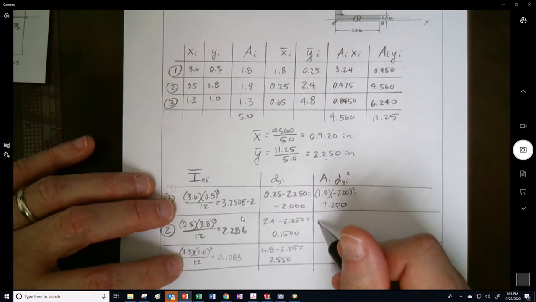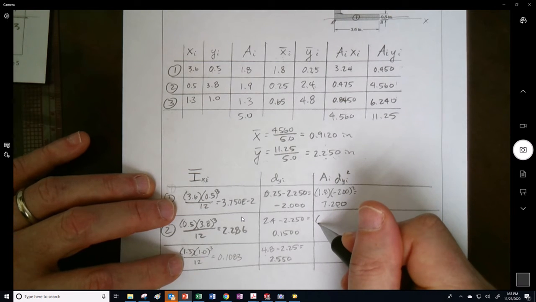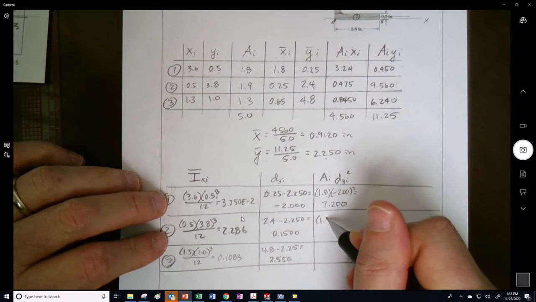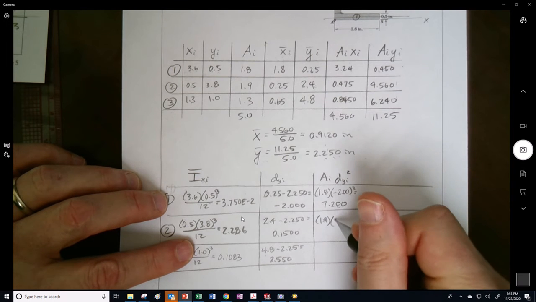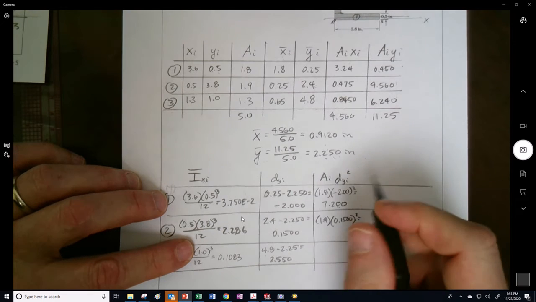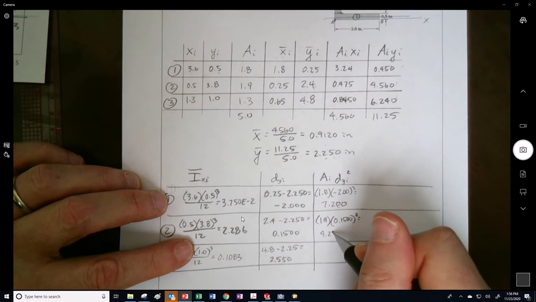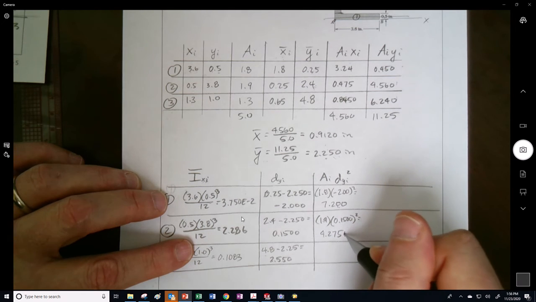And so, okay, we're continuing on. We take the area here, which was 1.9, and multiply it by 0.15 squared, and we end up with, this is a pretty small number, 4.275 e minus 2.